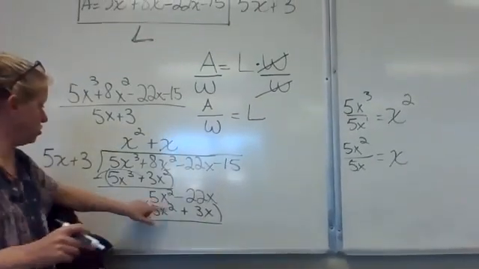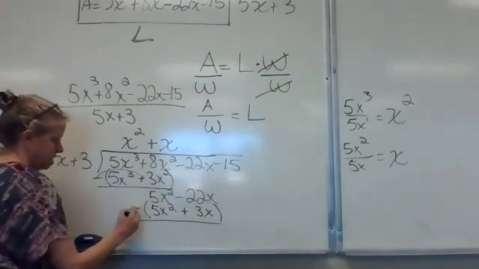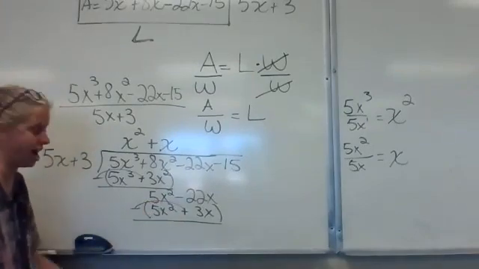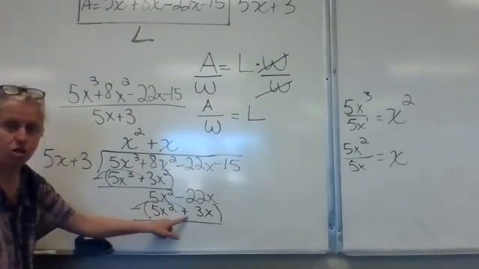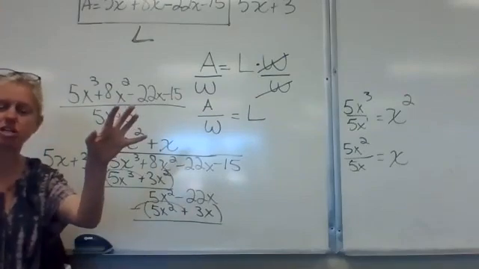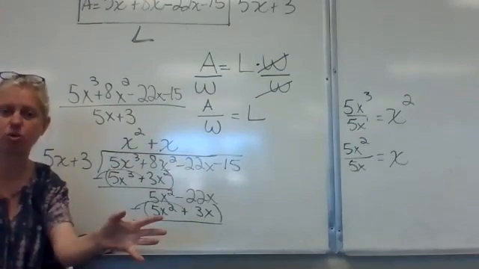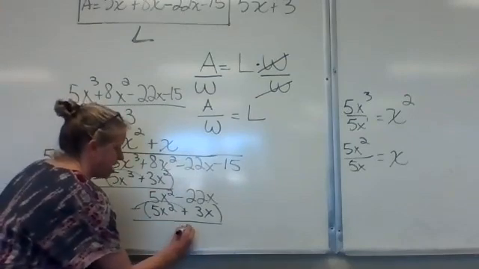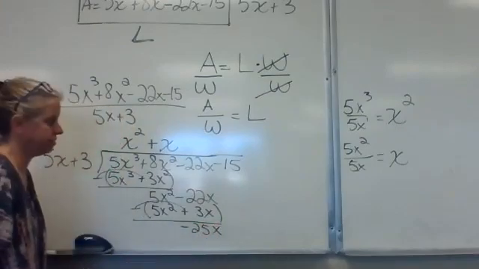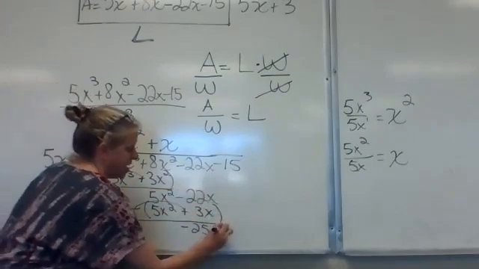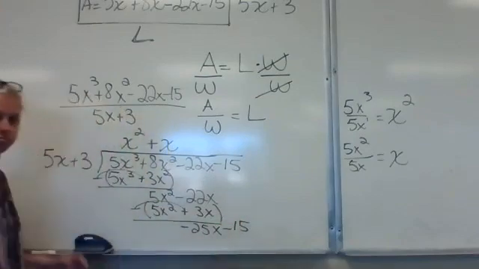So let's see, my x squareds are gone. This turns this into a negative, right? So I've got negative 22 minus 3. If you're at negative 22 degrees and you drop down 3 more, where are you at? Now you're at negative 25x, drop down the next thing, minus 15.